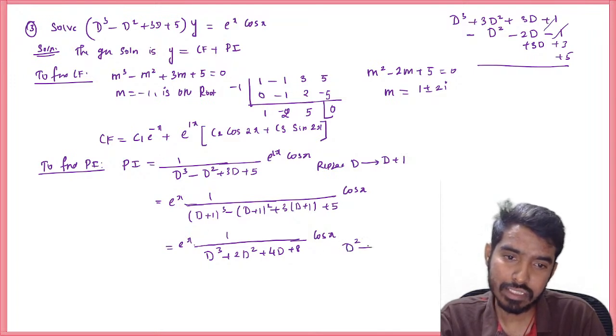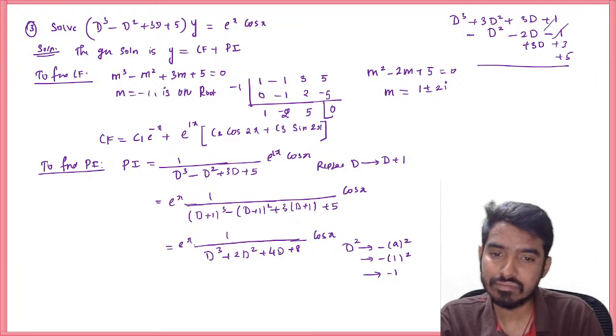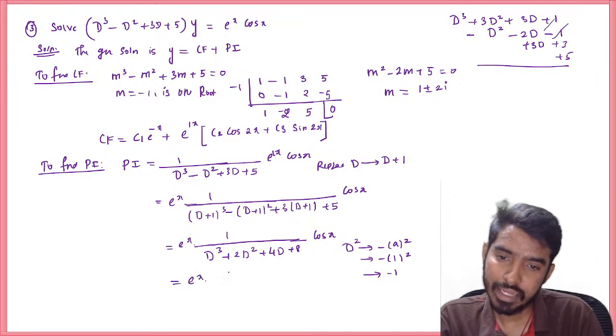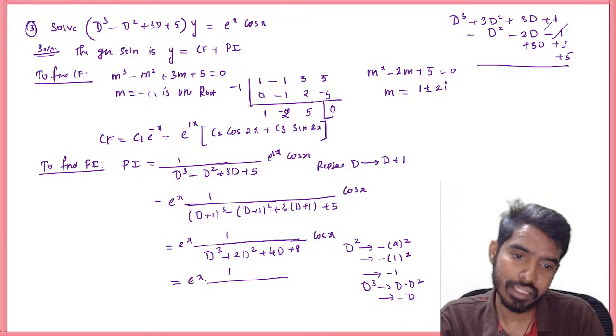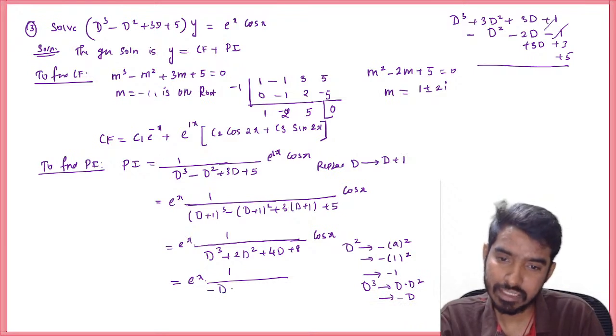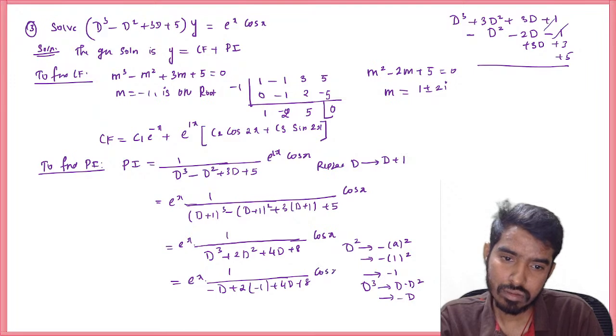So replace d square by minus of a square, so for cos ax, minus of 1 square, which is minus 1. So this will be e power x, 1 divided by, d cube is d into d square, it will be minus d, because d square is minus 1; 2 times d square, d square is minus 1, plus 4d plus 8, cos x.